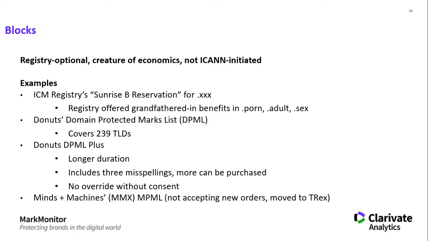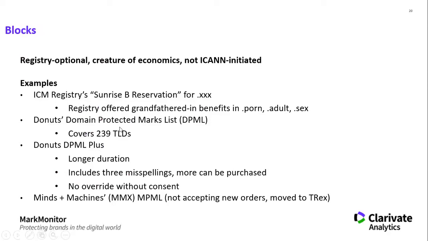Recently, ICM registry has applied for and has launched .porn, .adult, and .sex, and they have extended some leeway for brand owners to have priority in protecting their brands in those TLDs as well.